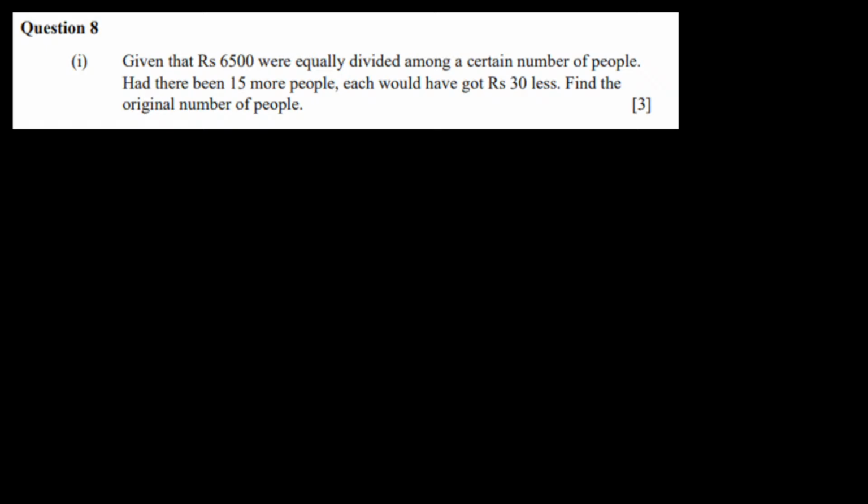Question number 8, first part. Let's see. Given that rupees 6,500 were equally divided among a certain number of people, had there been 15 more people, each would have got rupees 30 less. Find the original number of people.